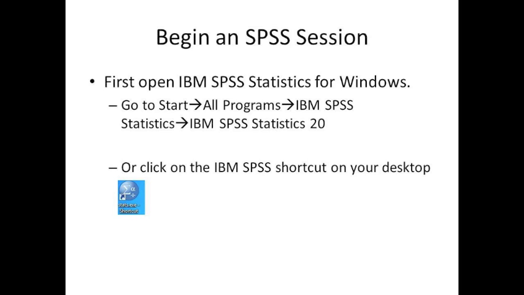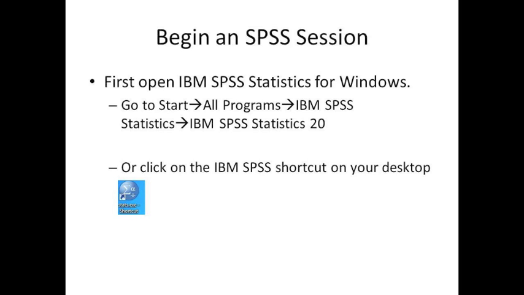So when you have your laptop or your desktop, and you decide to use SPSS, the first step is to open the program. If the program is available on your laptop or on your desktop, you have to open the program. I'm only going to show you how to open the program for the Windows operating system.